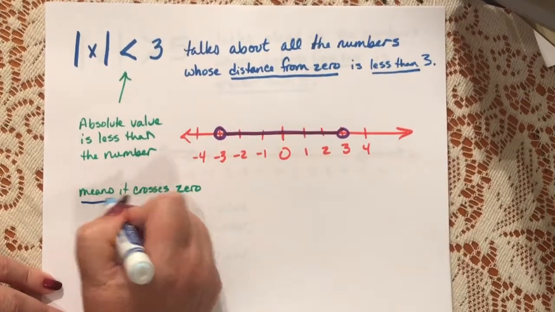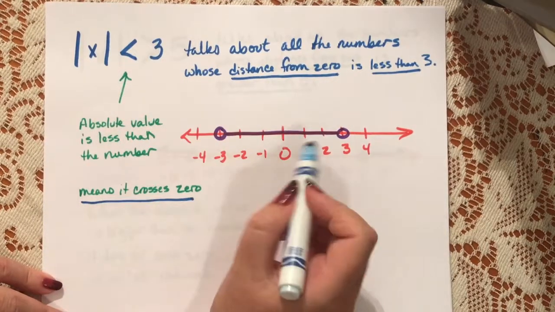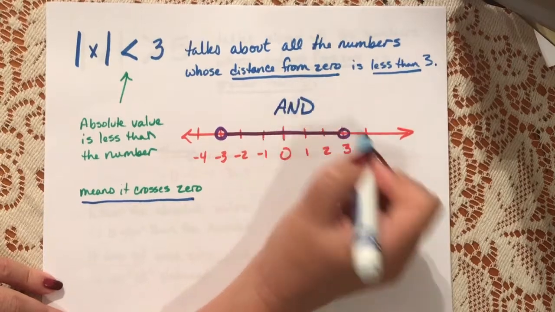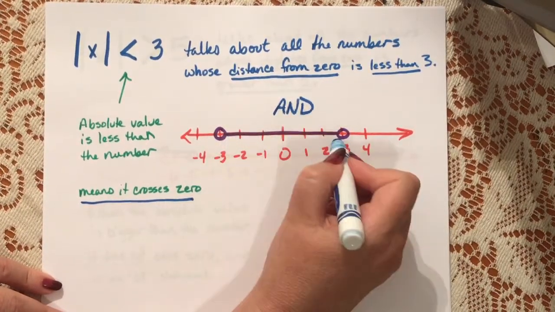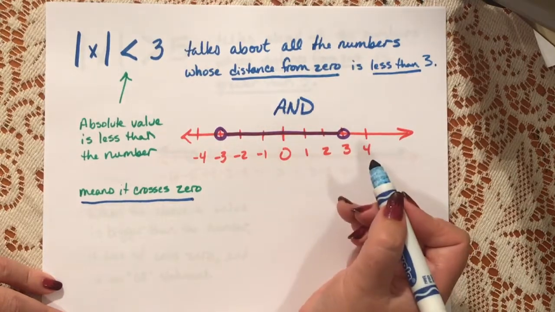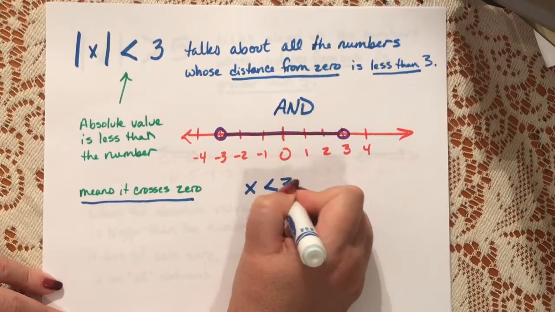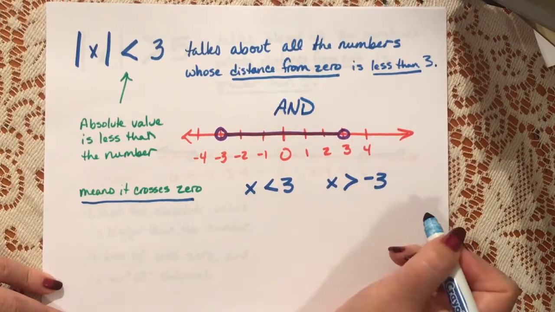This means it crosses 0. So when the absolute value is smaller than your number, this is going to be an and statement. And your dots are going to connect in the middle when you graph them, because x is going to be smaller than 3 and x is going to be larger than negative 3.